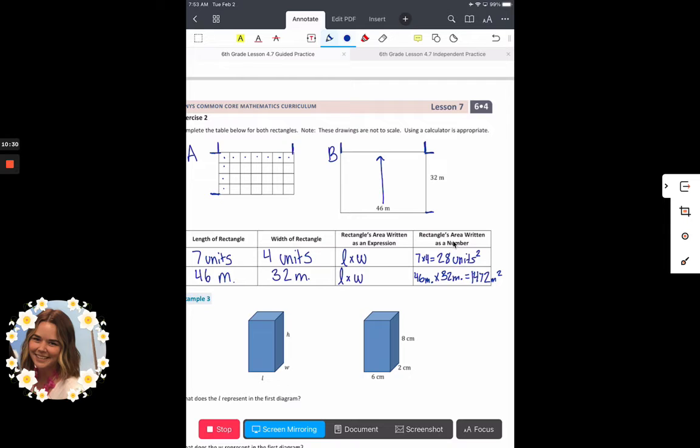The reason that we have units squared for area is because we're multiplying the unit times itself twice. And as we know from talking about exponents, an exponent tells us how many times we multiply something by itself. So if we're multiplying meters times meters, we can write that also as meters squared.